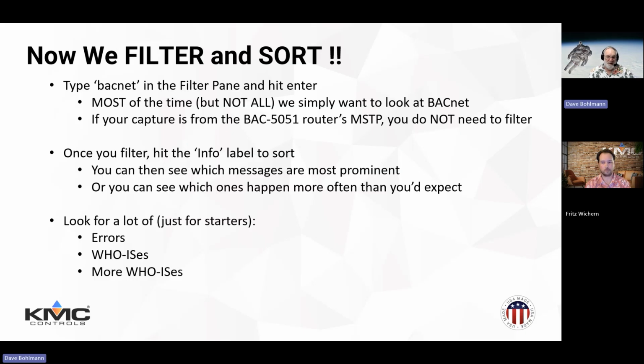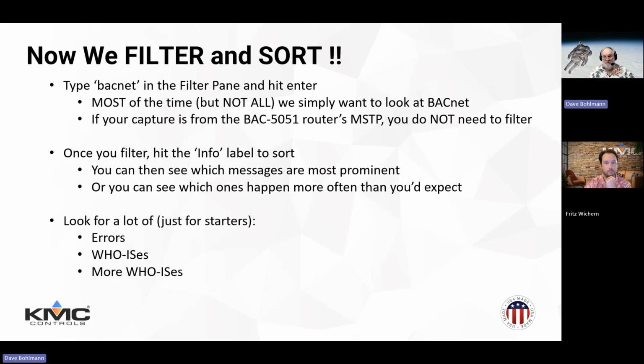If in that filter window you just type the word BACnet, then it will only show you the BACnet messages. Again, you have to make sure that the UDP port that you're using for BACnet is in that list that we showed you. That's if you're doing BACnet over IP or BACnet Ethernet.